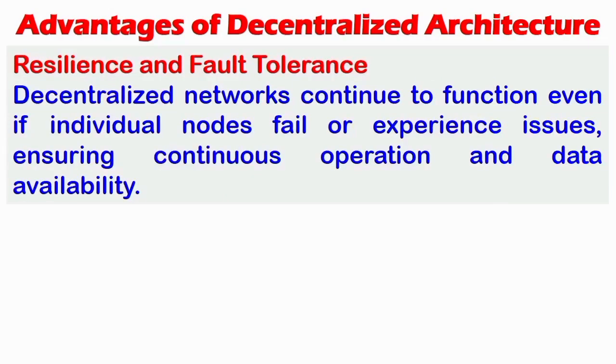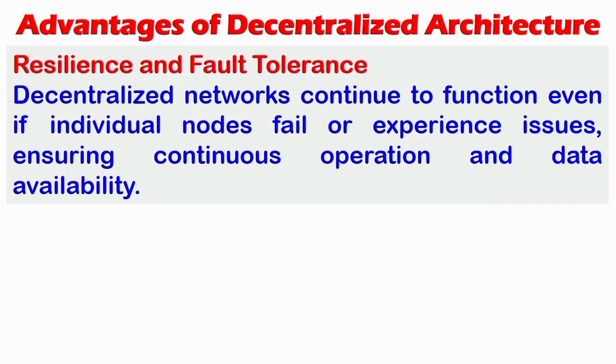Resilience and fault tolerance. Decentralized networks continue to function even if individual nodes fail or experience issues, ensuring continuous operation and data availability. Imagine this: even if a few computers in the network have trouble or stop working, the whole system keeps running along.